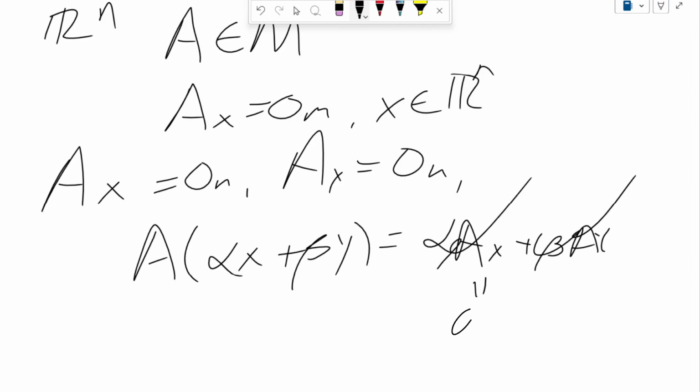So this is just equal to 0. So if you take any linear combination of two solutions to your null space problem, you get back a solution, and this is what it means to be a subspace.